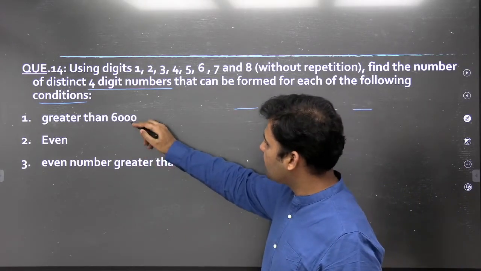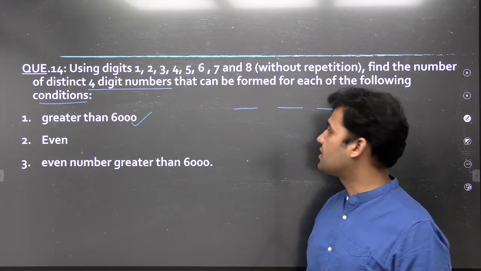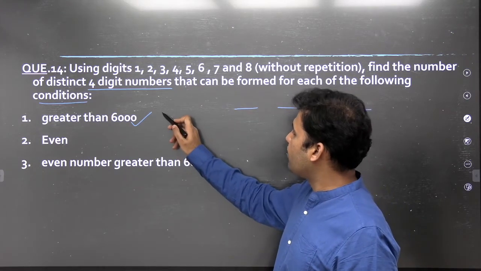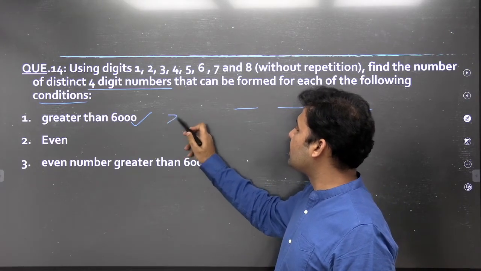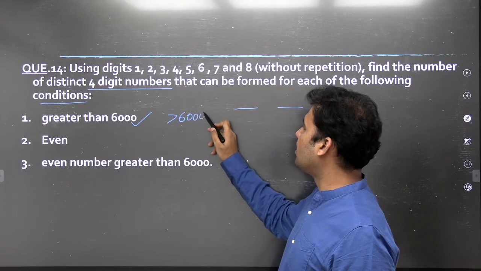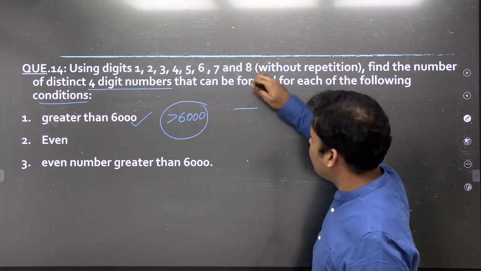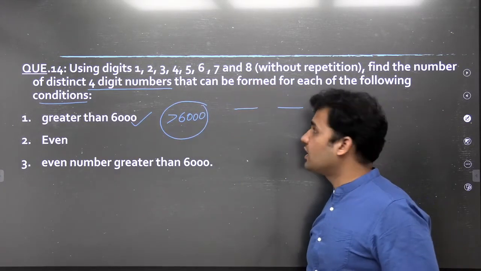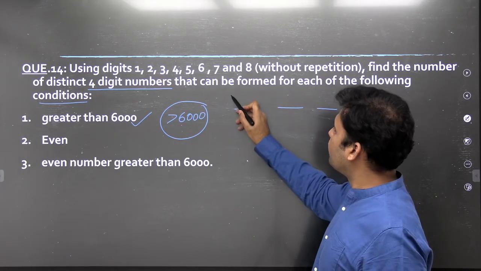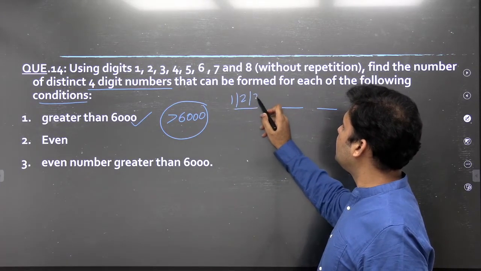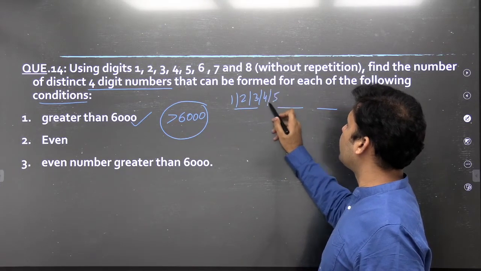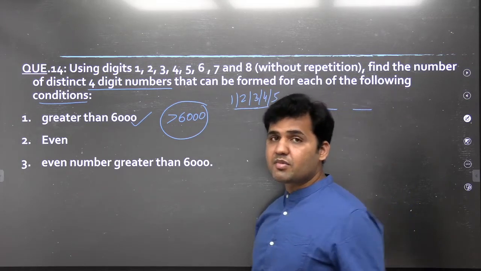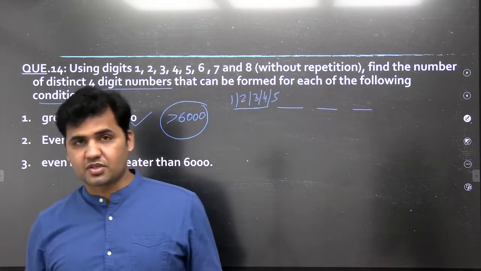The first condition is that the number should be greater than 6,000, right? Guys, if I want to make a number which is greater than 6,000, all you have to look at is the first digit. If you place 1, 2, 3, 4 or 5 at the first place, the number will not be more than 6,000.